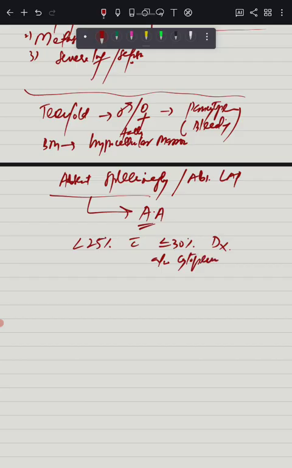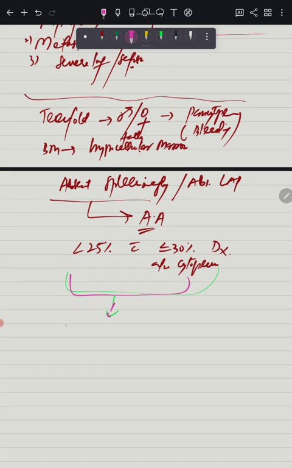So I'll explain this. What is this bone marrow hypocellularity? Cellularity means the percentage of bone marrow space that's occupied by hematopoietic, that's blood forming cells, versus fat.